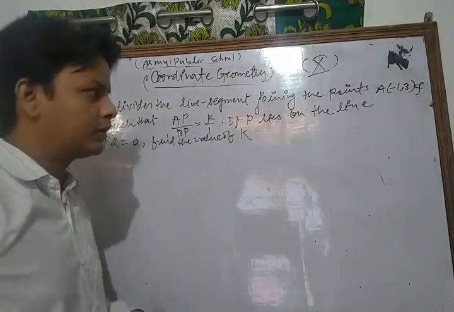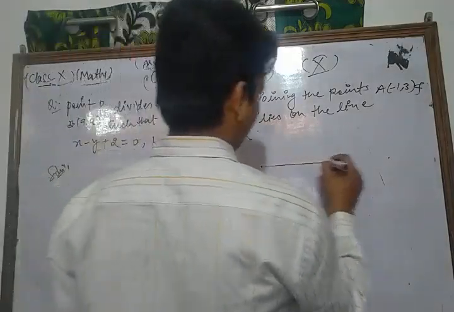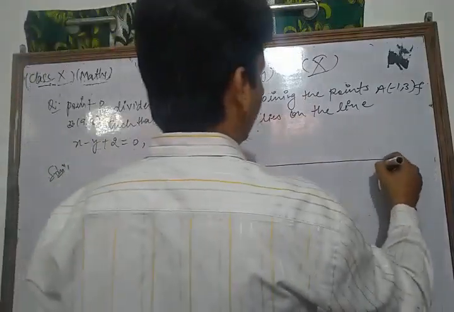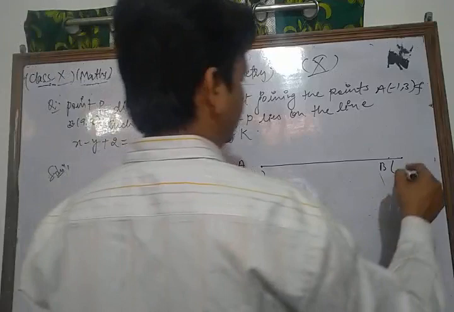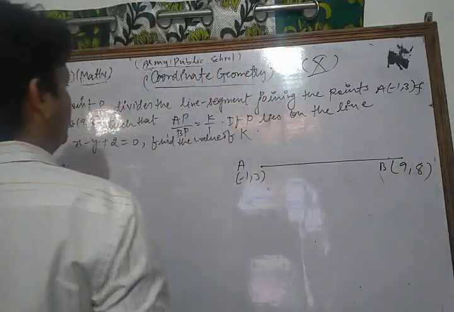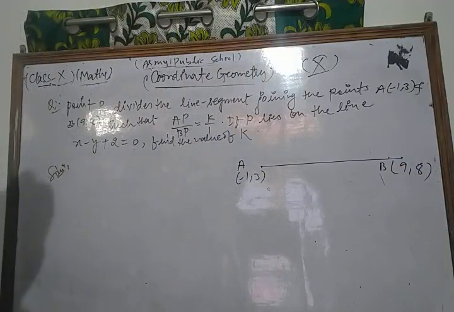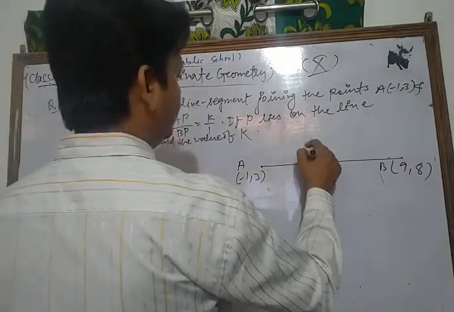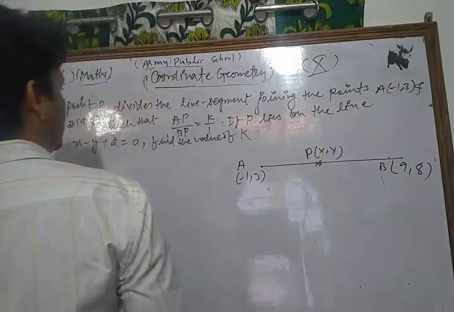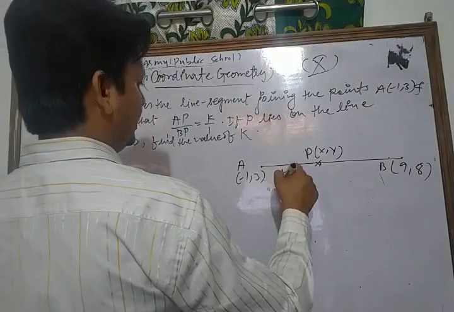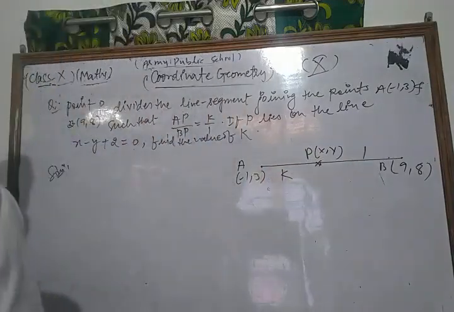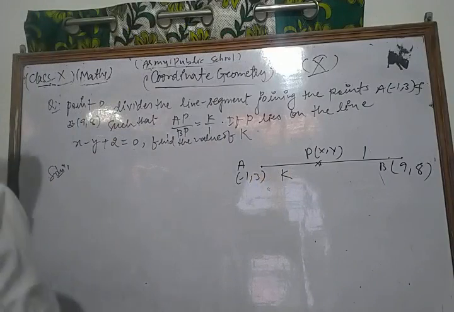First of all, we write the points A(-1, 3) and B(9, 8), and here point P divides the line segment. Let the coordinates of P be (x, y), and the ratio AP to BP is k to 1.